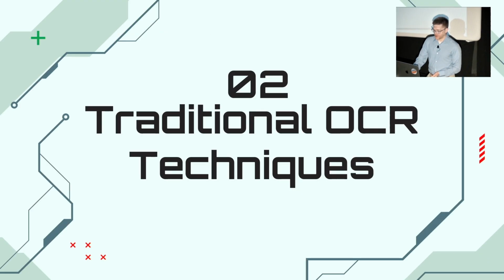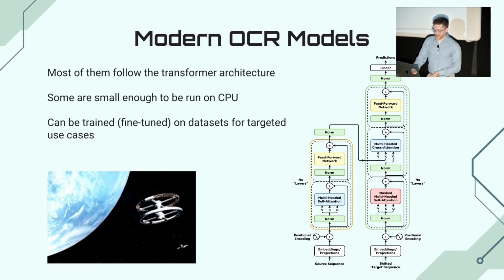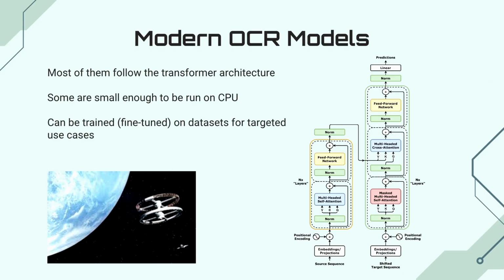So I'll go through some of the traditional OCR techniques. The modern models are mainly based on the transformer architecture, which you may know from things like ChatGPT and all the other AIs. You don't have to know what all of those blocks mean, but basically know that that's the basic transformer architecture.